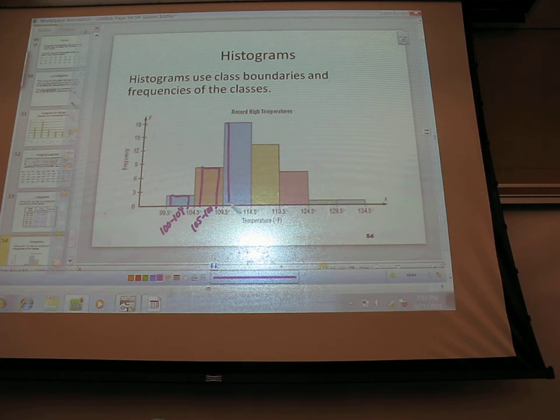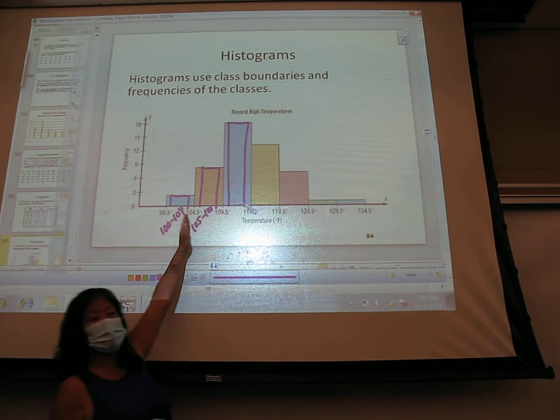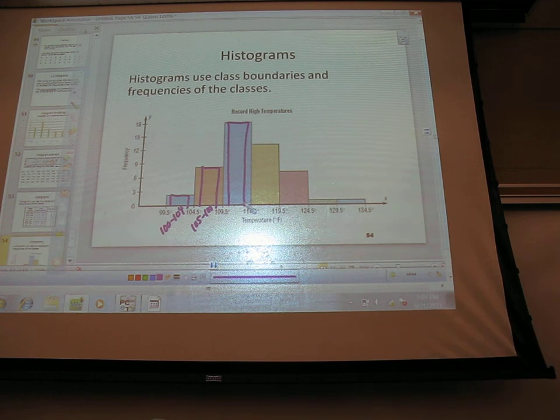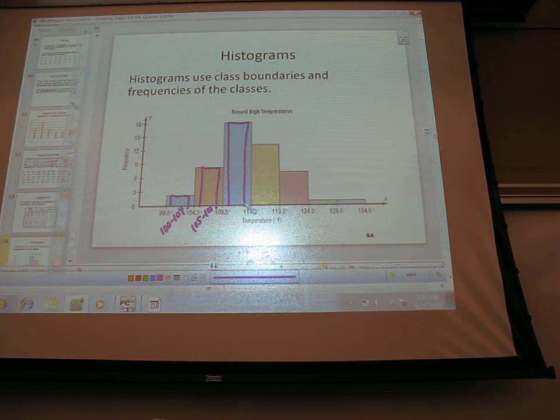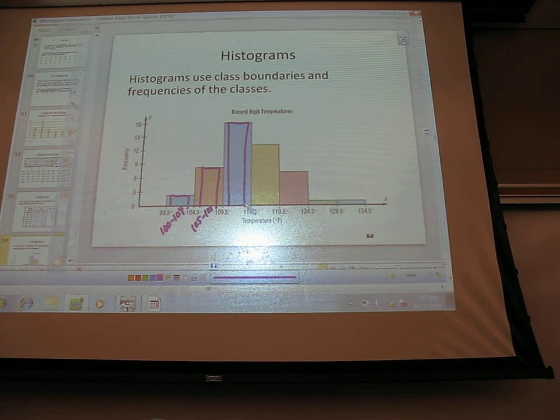And over here would be the next one. And you'll notice that they don't touch. Do you guys see that's the key thing? So if you're going to use the class limits, that's fine. But then you have to write both class limits. It's a little more writing. And they don't touch. This is one group. This is the next one. That's the next one. Good? You see the difference? All right, good.